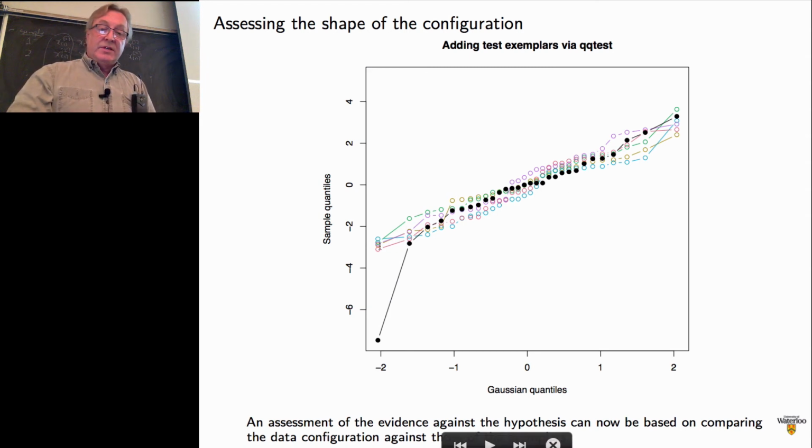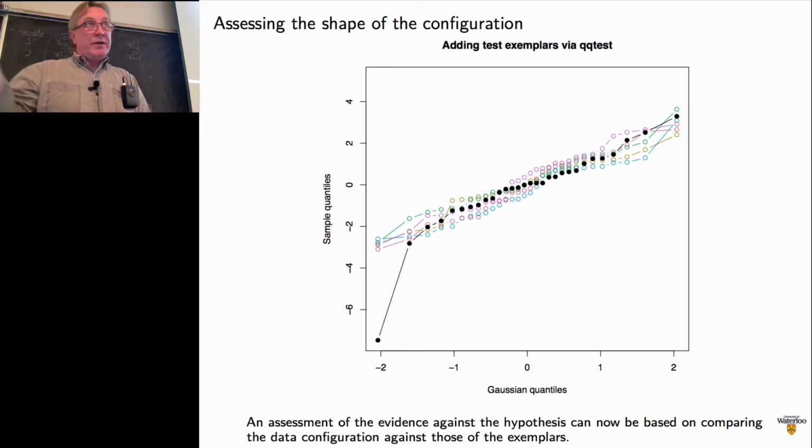And so you can see that these curves all seem to go together in this particular way when they come from a normal, and this black curve has a rather different behavior. It's come down here and it's got this tail going off down here. So by having a bunch of examples, you can actually see what the shape of these curves looks like. So it's trying to get some joint information across all of the points at once. Make sense?